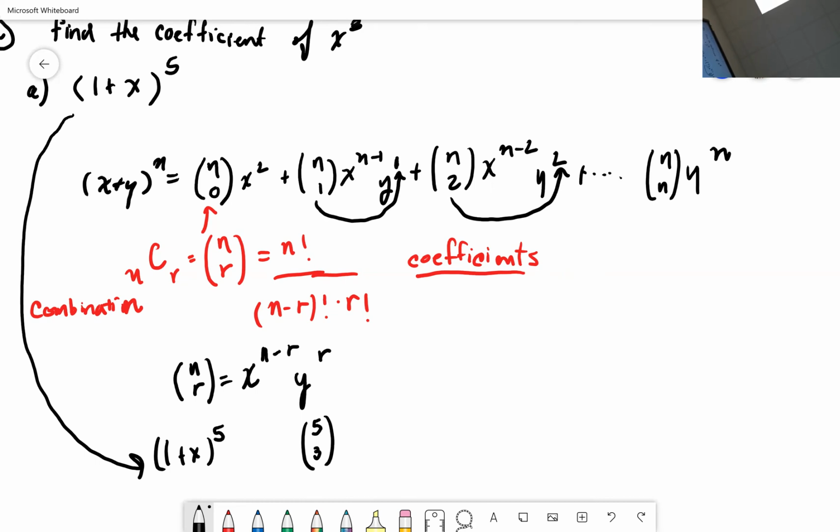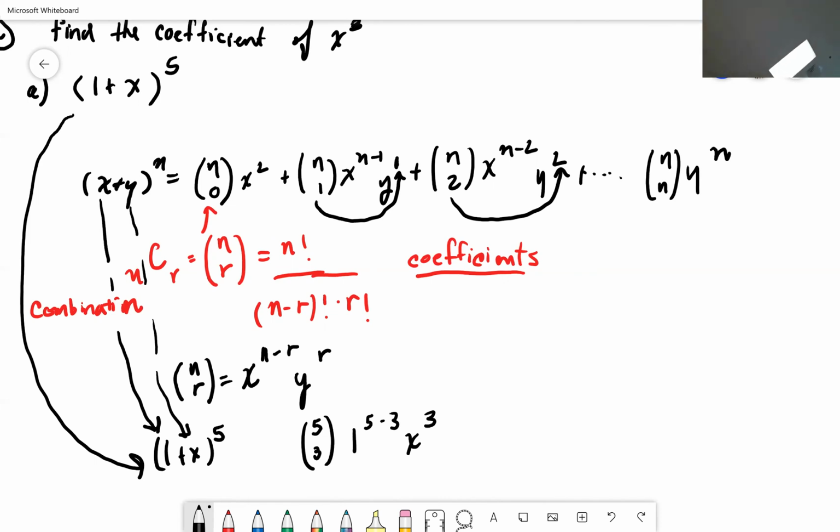So this is going to be 1 to the 5 minus 3, x to the third, because this is serving the role of the x, and this is serving the role of the y. That's why I put it there.